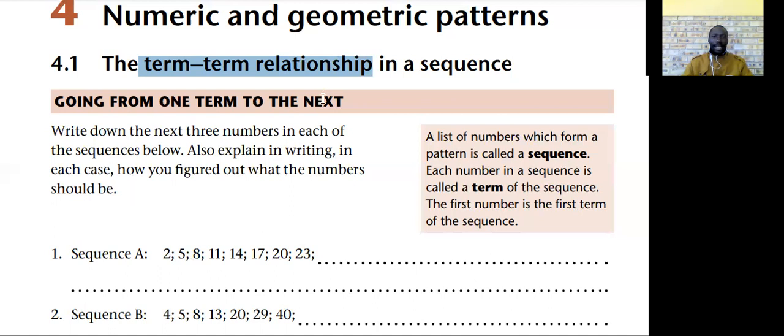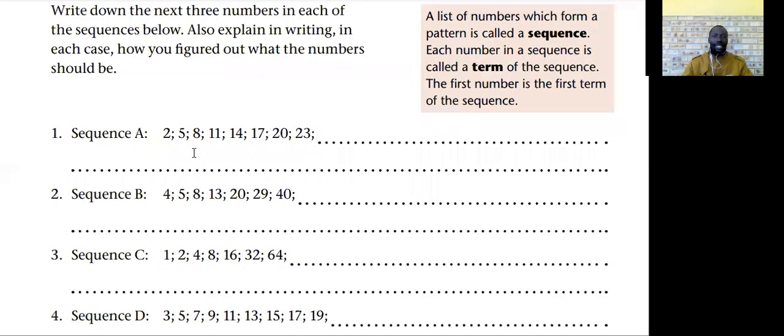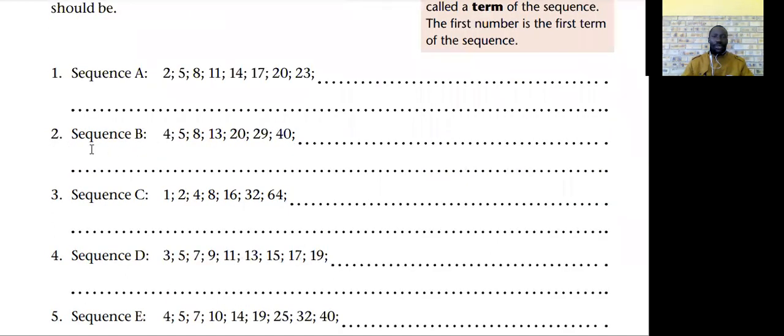And now that even extends to the second question. In the second question, sequence B, we have 4 followed by 5, then 8, then 13, then 20. So there is a pattern being followed here. Before we find the next term, we must know the first term.